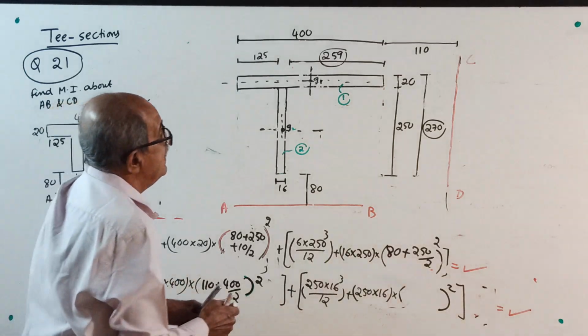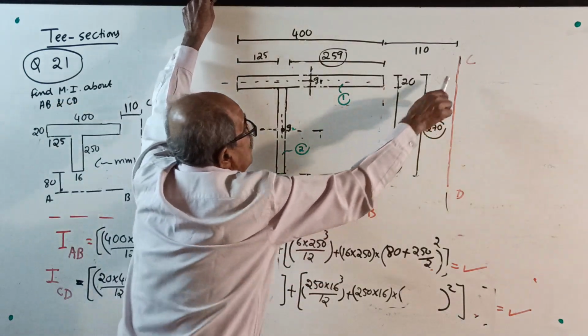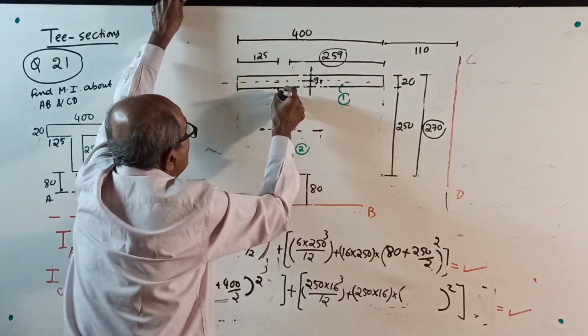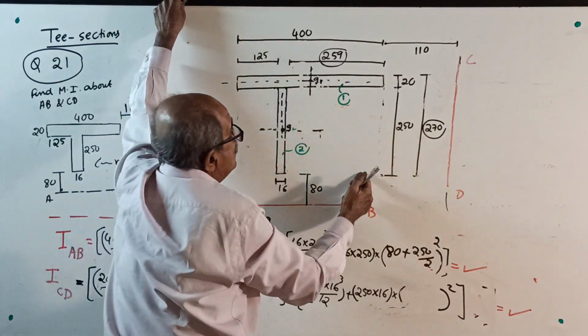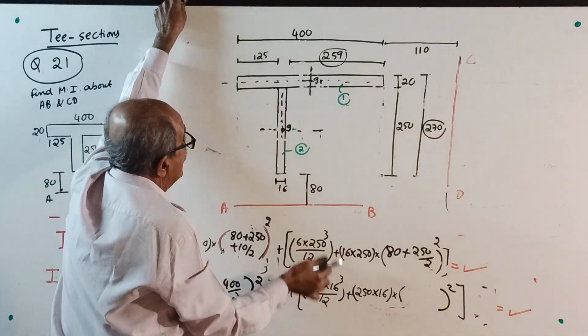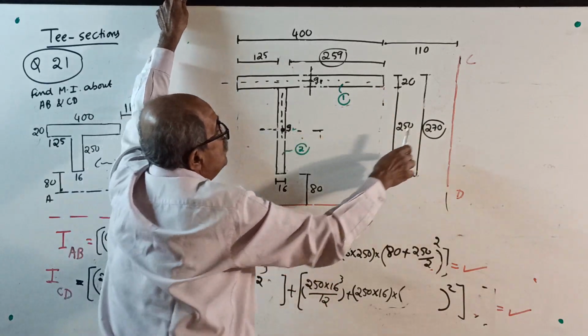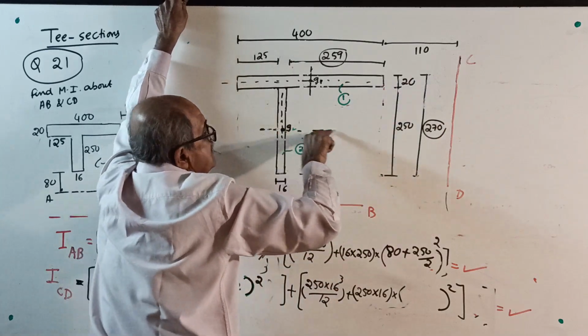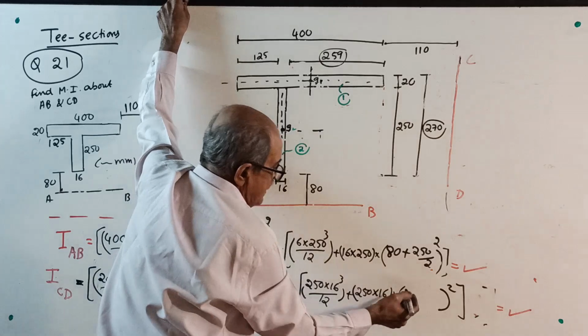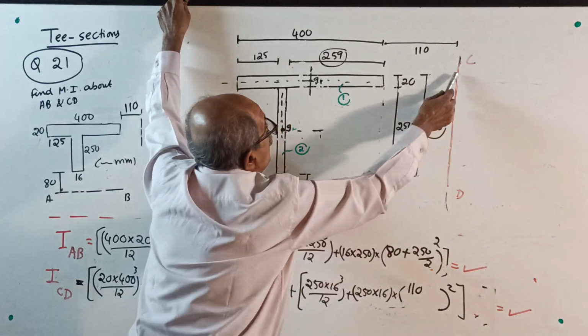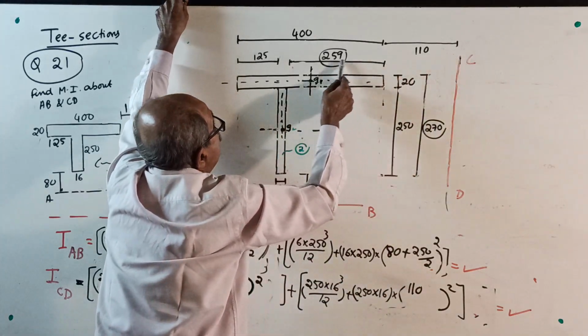Okay, then here, I about CD axis. First about its own centroidal axis: 250 into 16 cube by 12, plus area into the distance from G2 to CD. This distance squared is 110 plus 250.